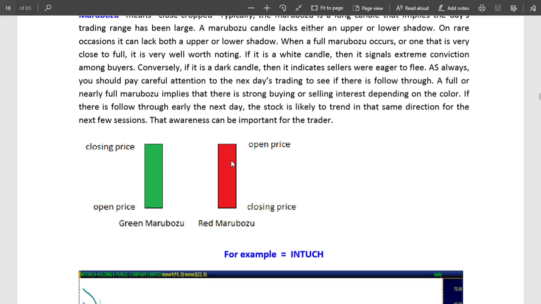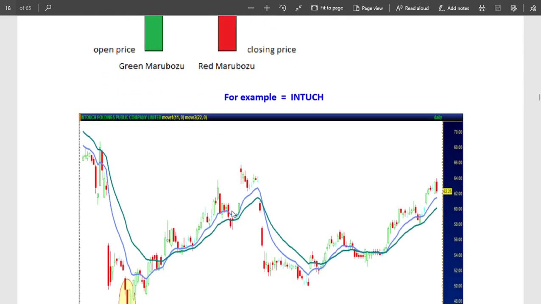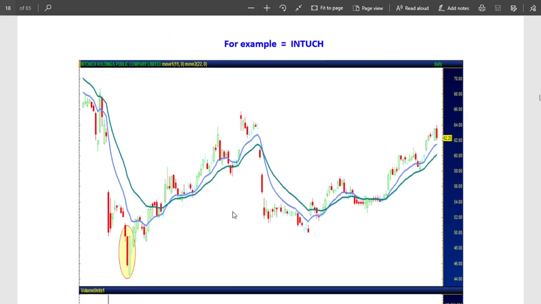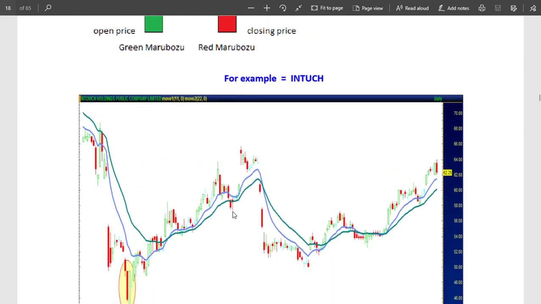A very big red candle, consider the selling pressure is very high. The main thing is that it closes at that very high height, it opens and closes with no wick in this candle. It shows high buying pressure.